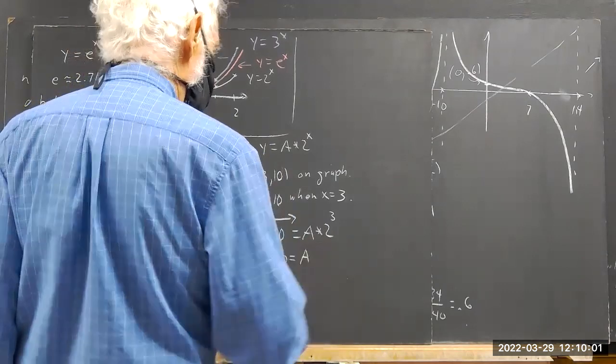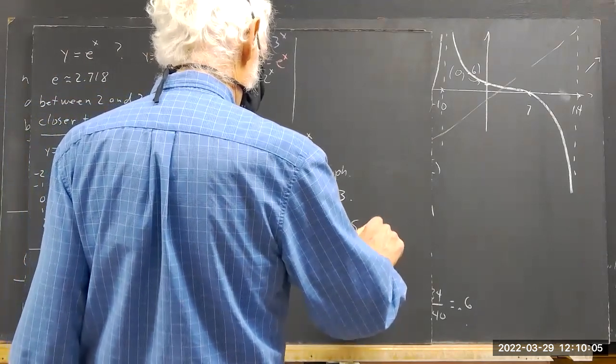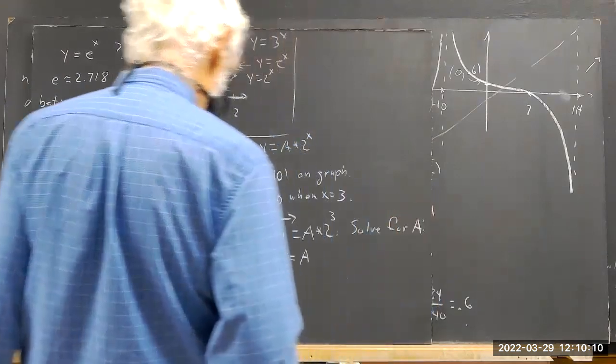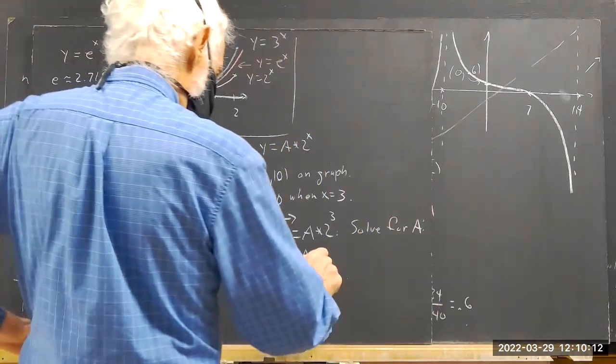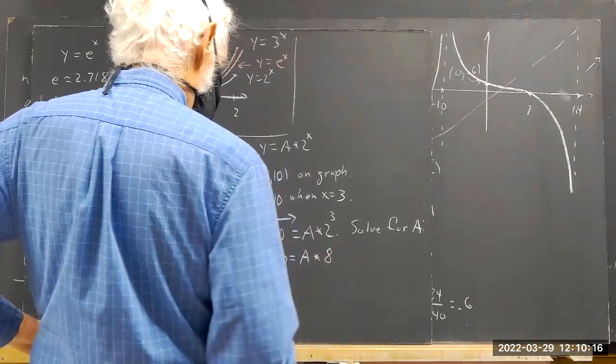Well, we can find what a is. We can solve for a. 10 equals a times 2 to the third. 2 to the third is 8.